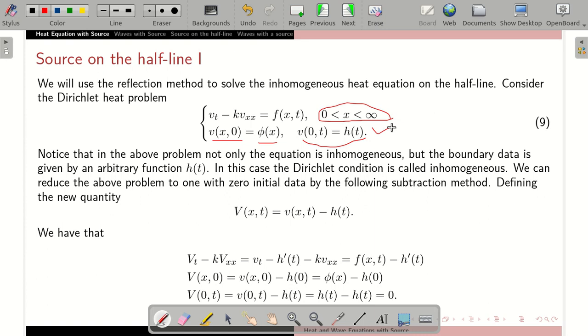So to extend solution on half line I will use method of, you can say, subtraction or method of reflection. So in other words, I want to make this h 0. So I define a new transformation capital V which is v minus h.